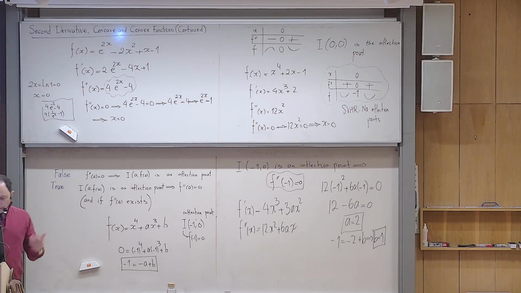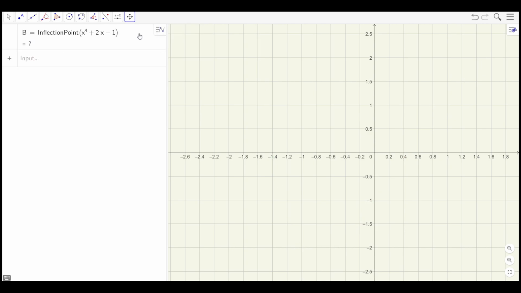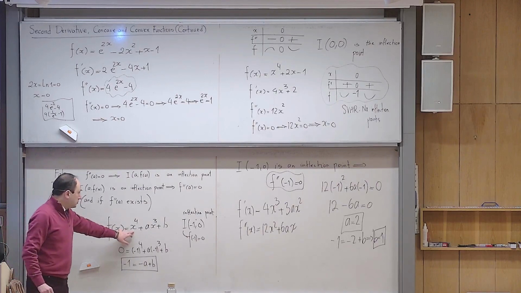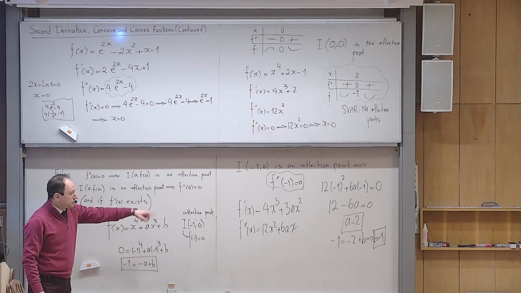Okay, and then I think it is a good idea to test this idea with GeoGebra as well. So let us go to GeoGebra. Okay, so delete all of these things. Now I know what a is, I know what b is, I plug them back, and ask GeoGebra to draw the graph of that function for those values of a and b.